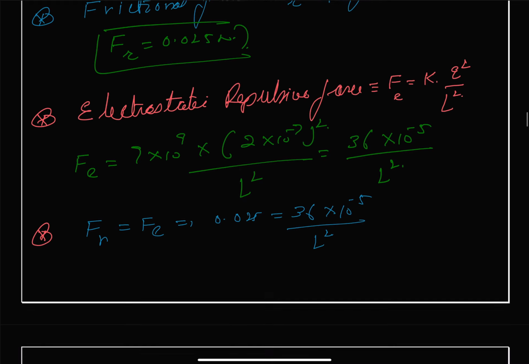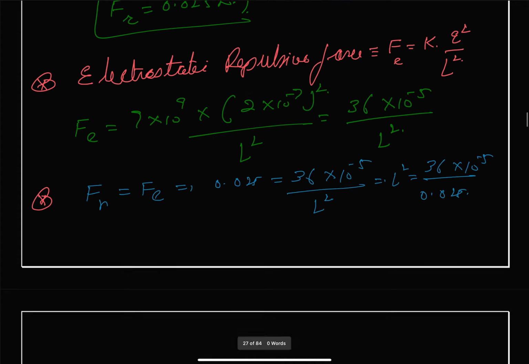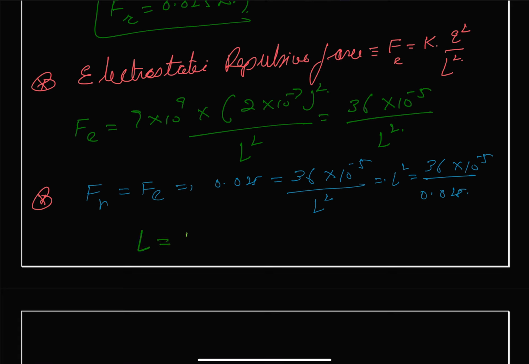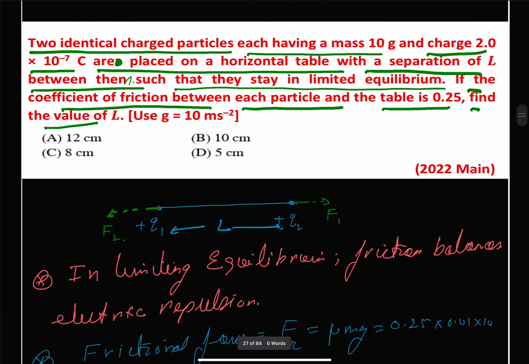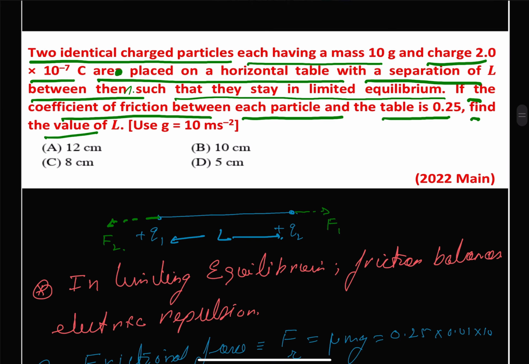So we can say L square will be equal to 36 into 10 to the power minus 5 divided by 0.025. And this value of L will be coming as 0.12 meter. So this comes as 12 centimeter. Option A is correct.